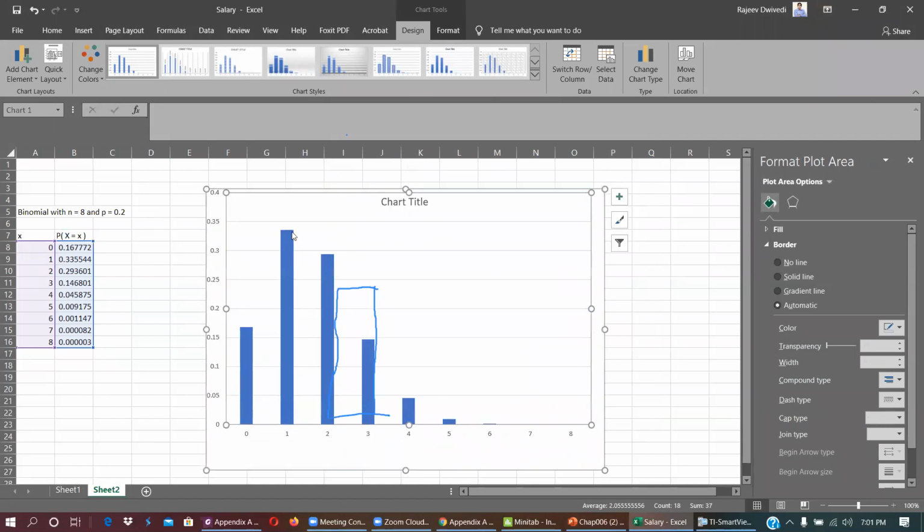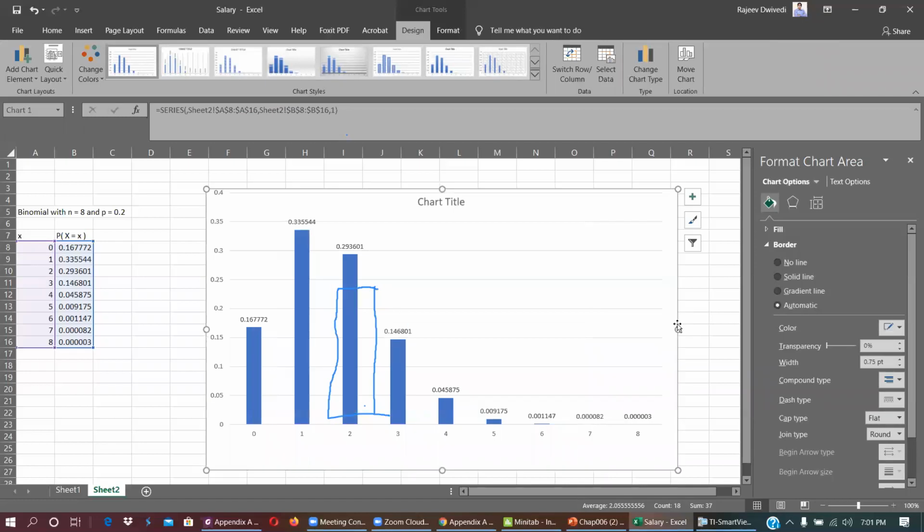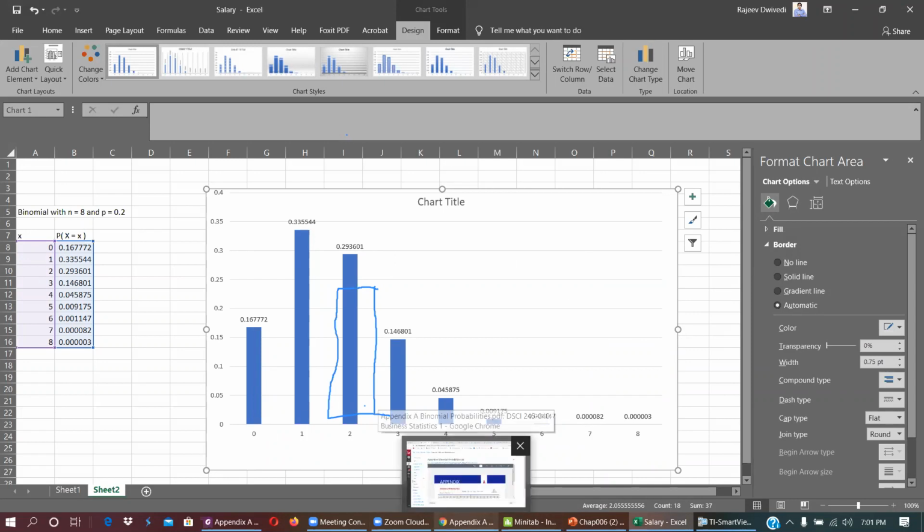Can you see this? I can also add data labels on the top. This is the assignment I'm explaining right here. What about CDF? We did CDF. CDF keeps going up to one. So let me do this CDF again.